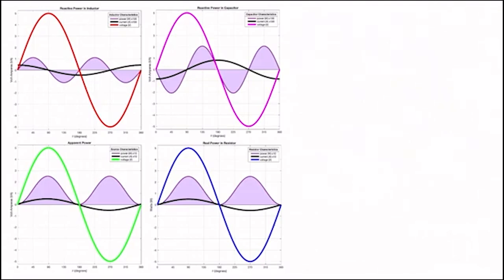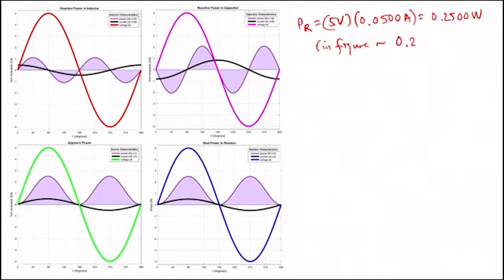If we try to solve for the power across the resistor, then we have 5 volts times the current, which we already solved before, to be 0.0500 amperes, and that is equal to 0.2500 watts. And in the figure we have the power to be equal to 0.2500 watts.